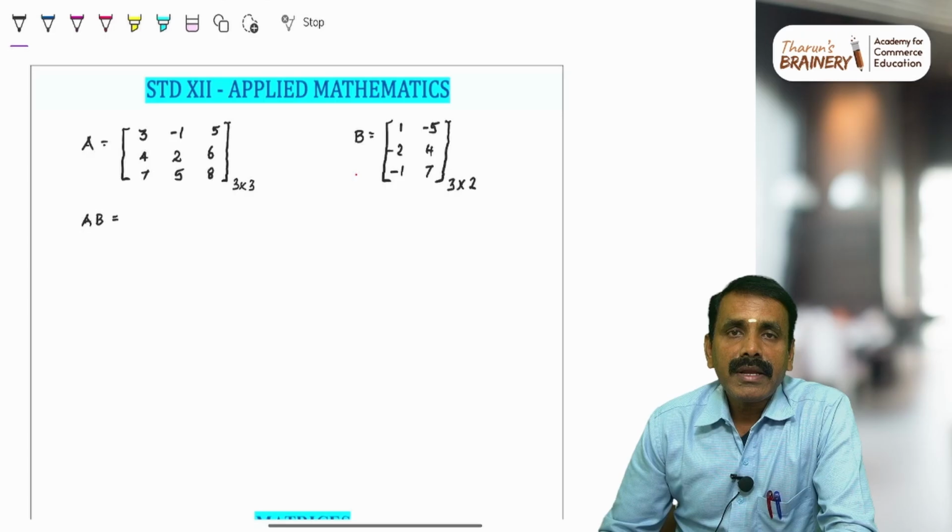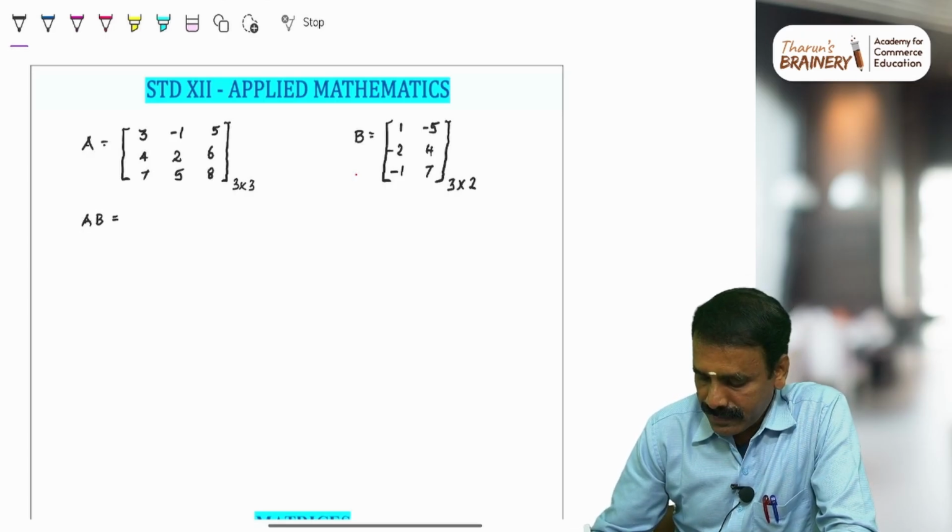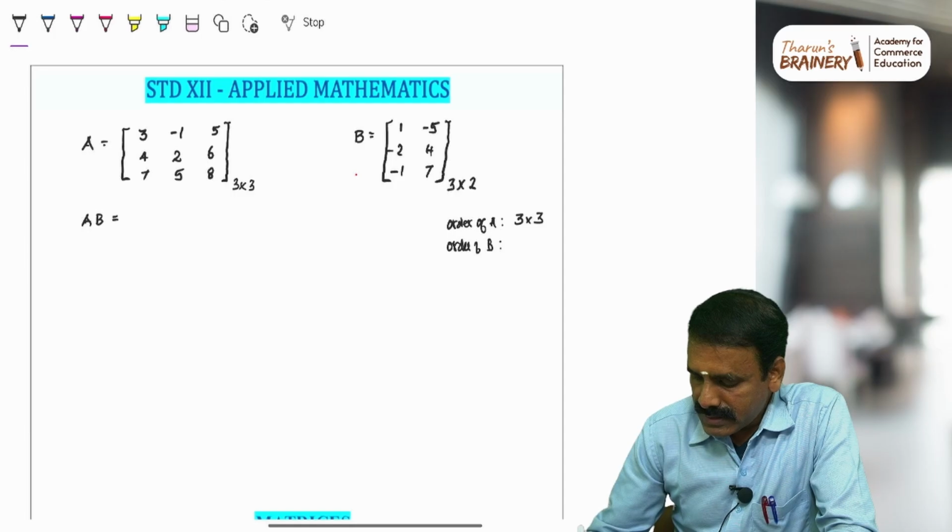First we have to check whether AB is possible or not. So what is the order of matrix A? Order of A is 3 by 3. I am going to find AB, correct? So A is first, B next. Order of the second matrix is going to be 3 by 2.